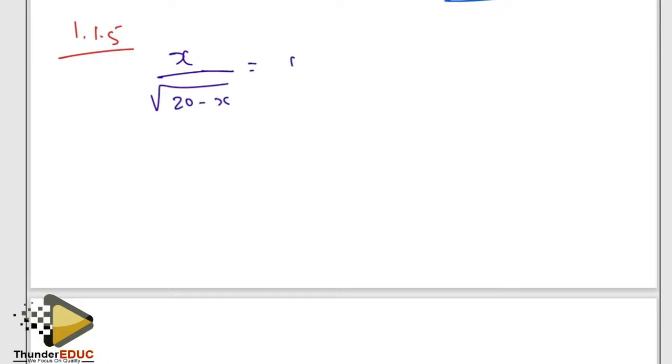So these are equations that involve surds. One thing we said, we need to isolate the surd, leave it on one side of the equal sign. Since it's a fraction, I'll just multiply both sides by that root sign. So x will be the same as the square root of 20 minus x. That is the first step. We've isolated it.